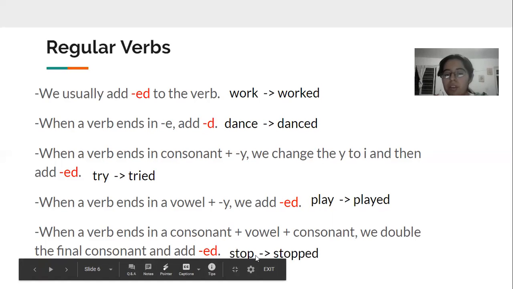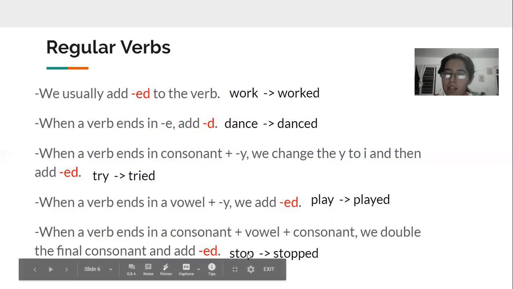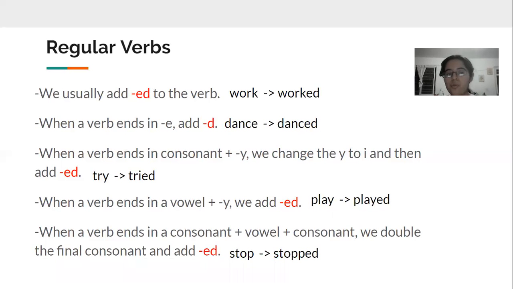We double twice the last consonant. In this case, it's a P. So double P and then add ed. Stop, stopped. So those are the rules to add the ed to the affirmative of the simple past.